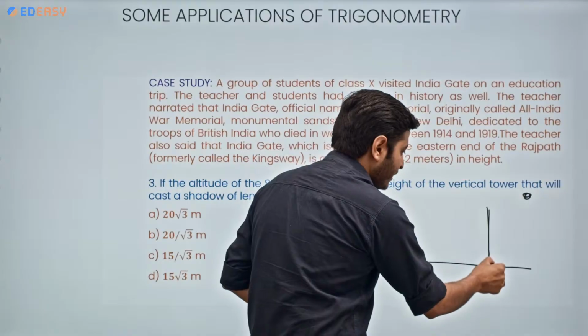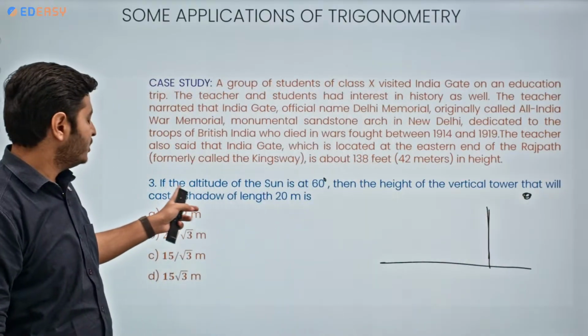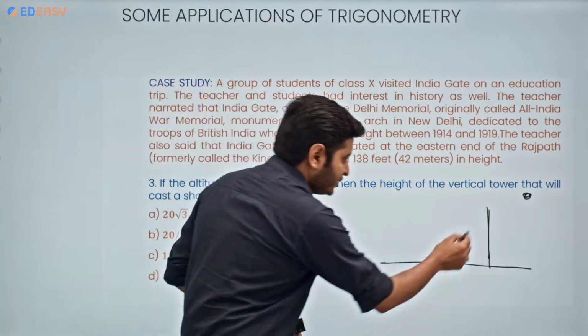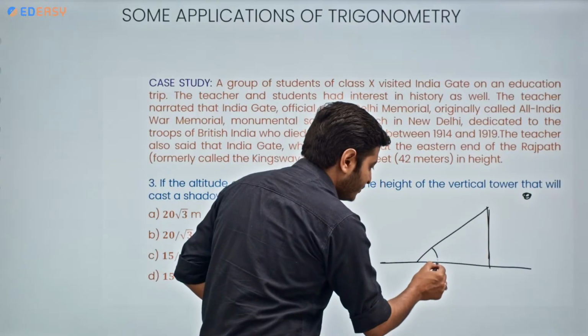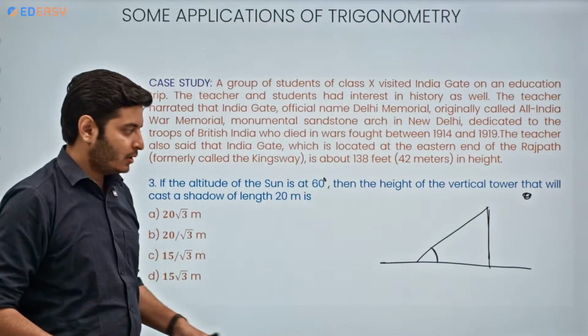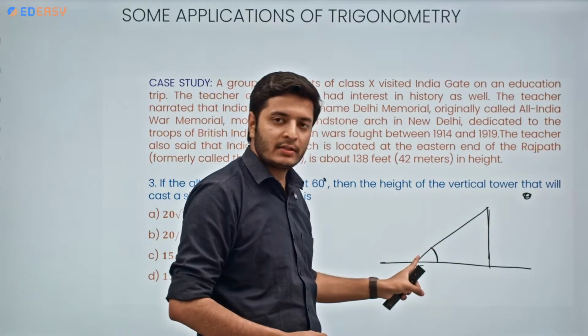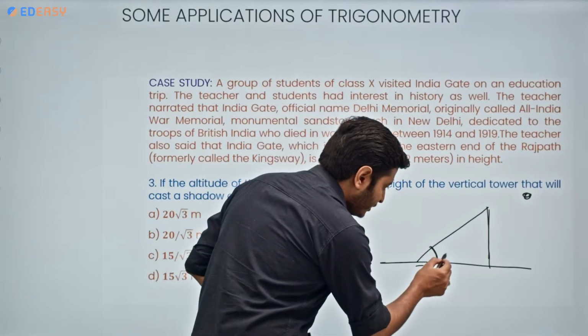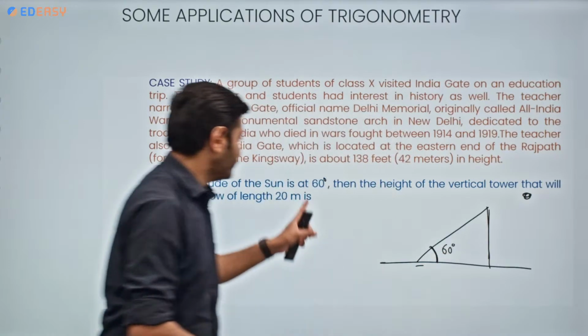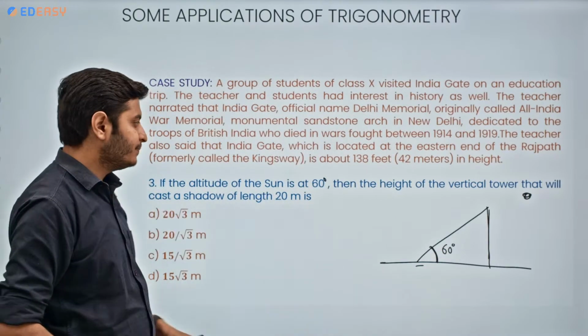Whatever angle is given with respect to the sun, the shadow will create that much angle only. So this is the shadow of the tower and this is the line of sight. The angle will be the same, that is 60 degrees.